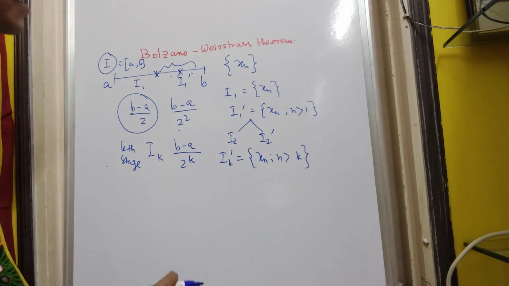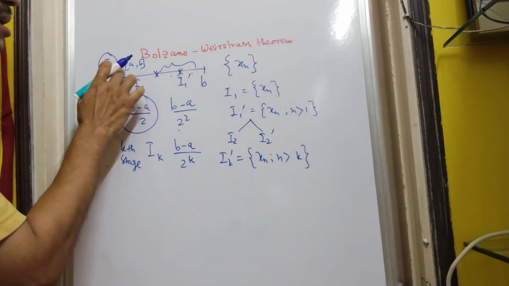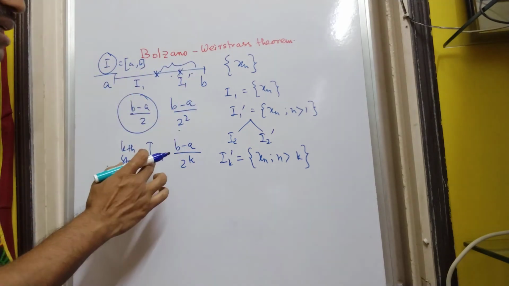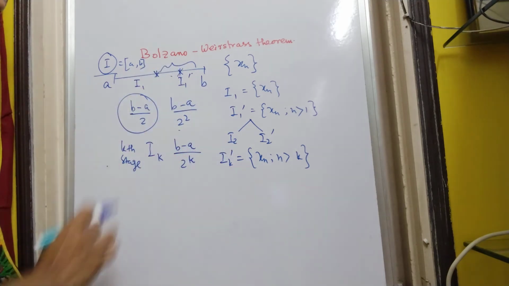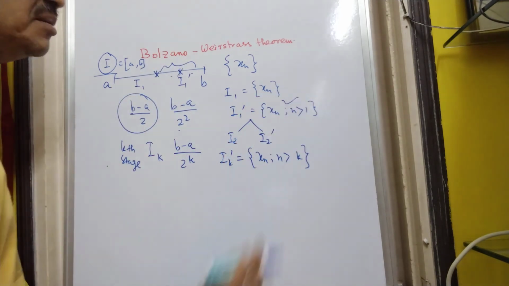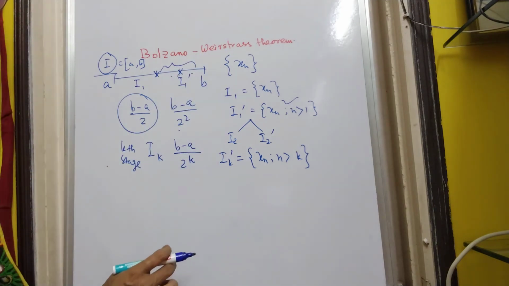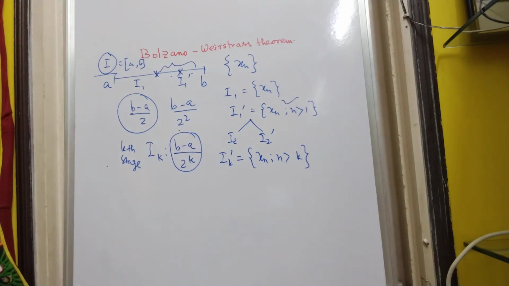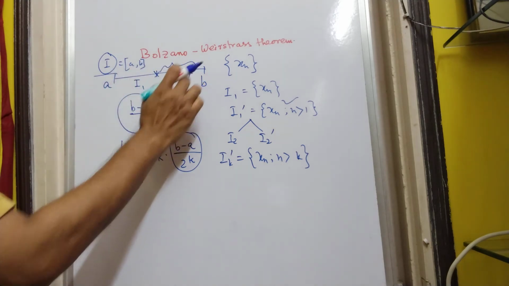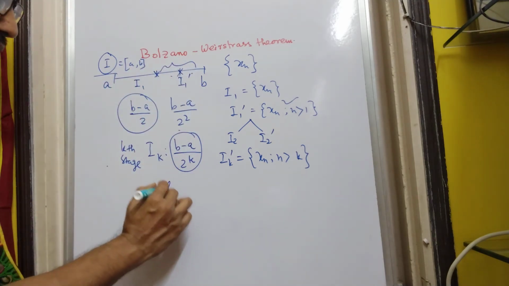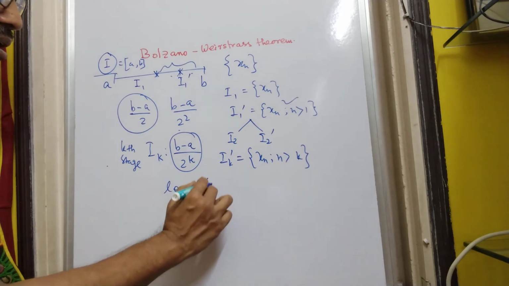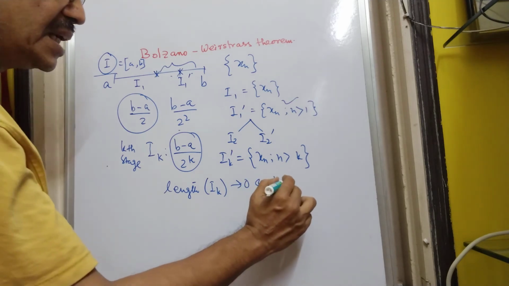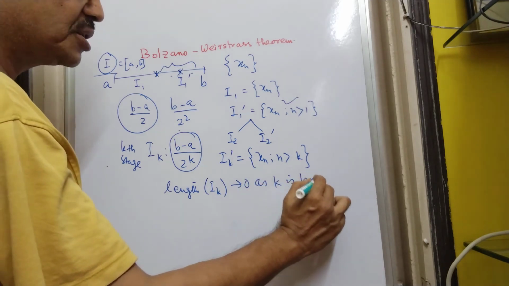The basic idea is that starting from this mother interval closed and bounded AB, we start dividing them in equal parts and choose only that part of interval which contains infinite number of elements of this xn. So after kth stage we reach a part of this interval which has length b minus a by 2 to the power k, and obviously this length of Ik tends to 0 as k is large, isn't it so?